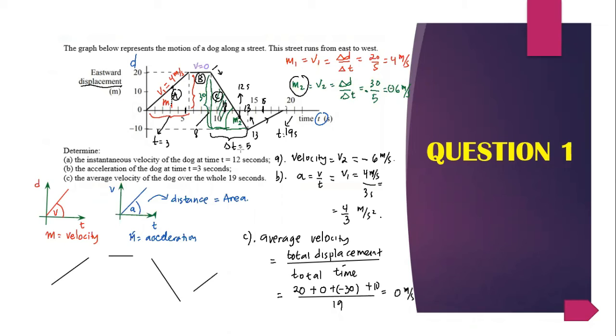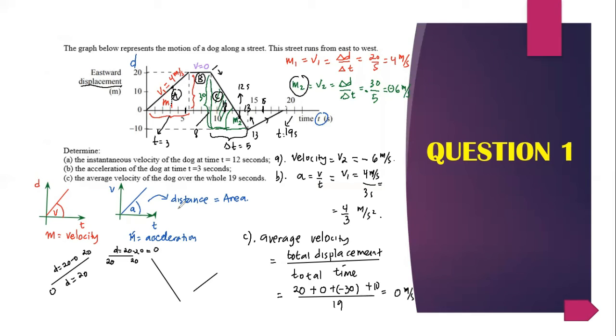The first graph starts at 0 and the endpoint is 20, so the displacement is 20 minus 0, which is 20. The second graph starts at 20 and ends at 20, so 20 minus 20, we got 0.